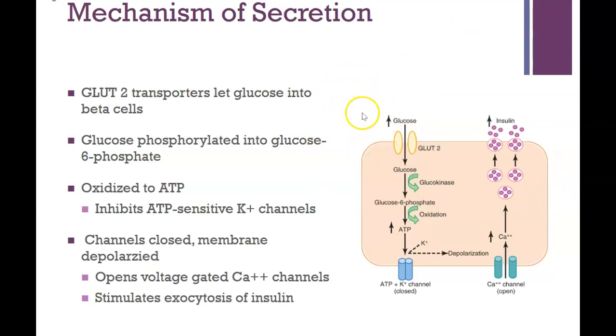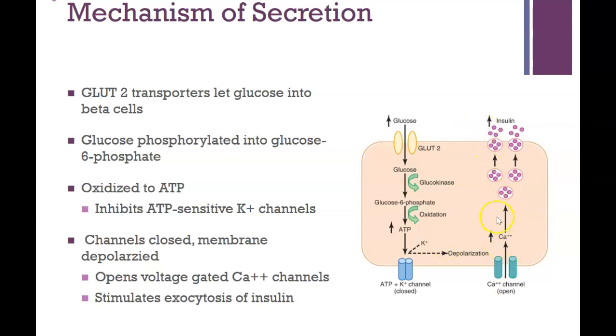So the way that glucose gets into beta cells, if we look right here, when glucose starts to rise in the bloodstream, it enters cells through a transporter called the GLUT2 transporter. Because how else would beta cells know how to make insulin? Well, they need to sample the glucose in the bloodstream. And when glucose gets over a certain level, it can now traverse into beta cells. So it enters through these GLUT2 receptors, it goes through a phosphorylating pathway, and it eventually activates these potassium channels, which will close and depolarize or activate the cell, open up some calcium-gated channels.